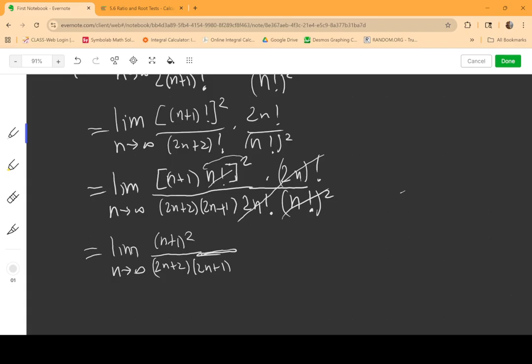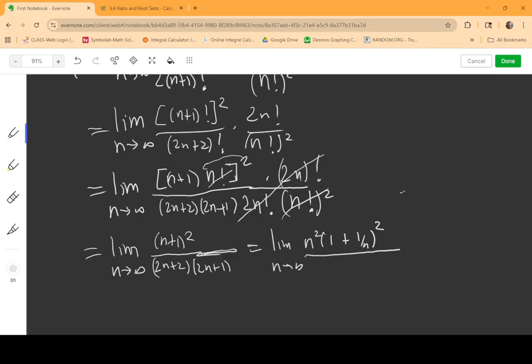So now I notice here I have a rational type function where the degree on top is 2, and so is the degree at the bottom. If you're not seeing this right away, you could expand everything, but I'm not going to do that. Instead, I'm going to factor out. If I factor out an n here, I'll be left with 1 plus 1 over n, but keep in mind that whole quantity is squared, so it's not just n, it's n squared.